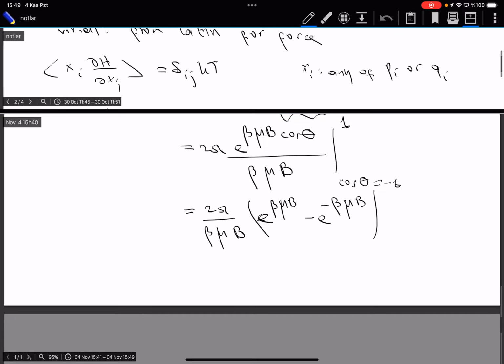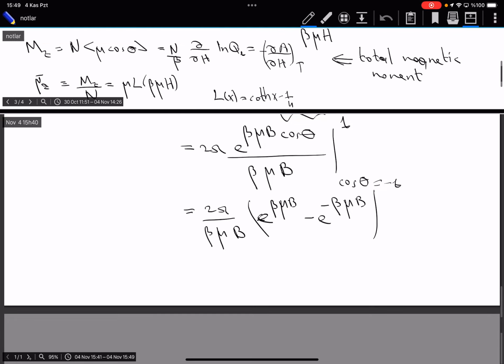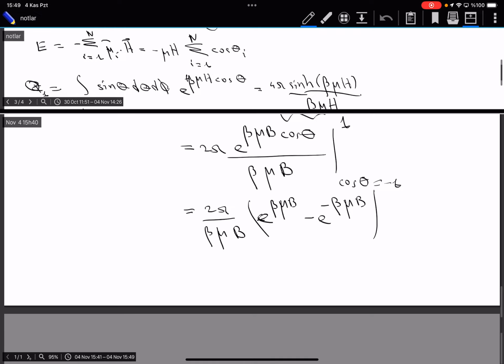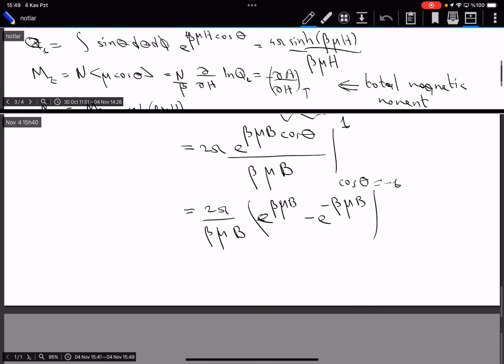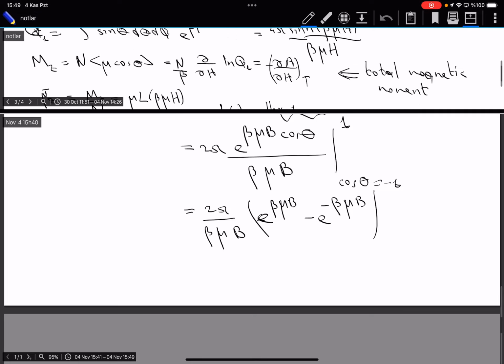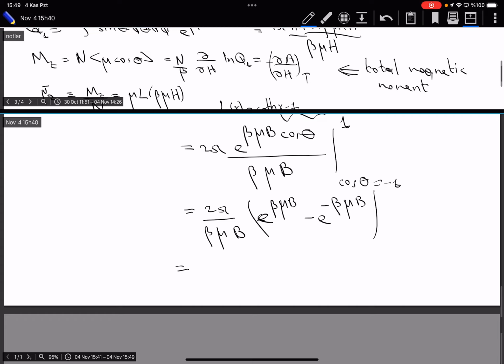Well, let me look at the definition. So this is 4 pi over beta mu B sinh of beta mu B. This is Q1.